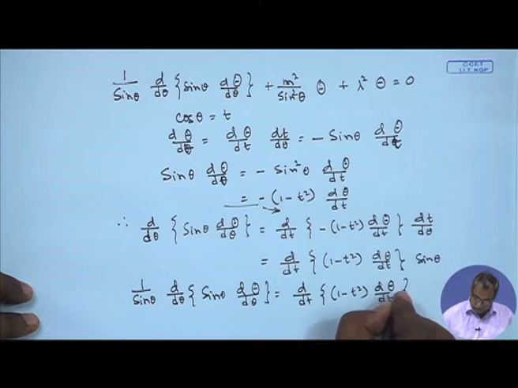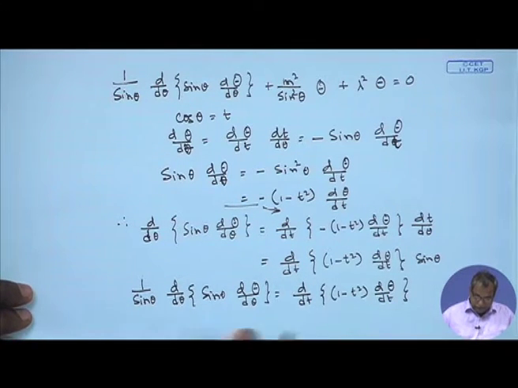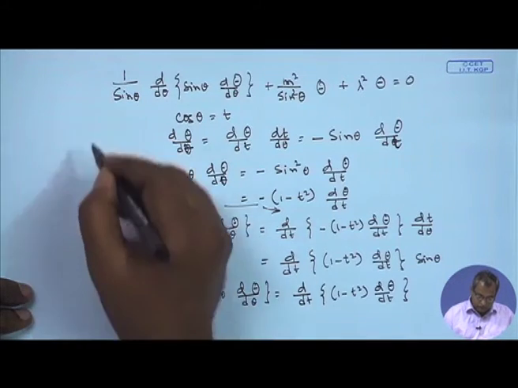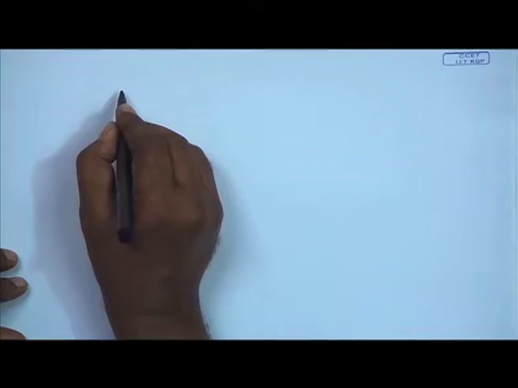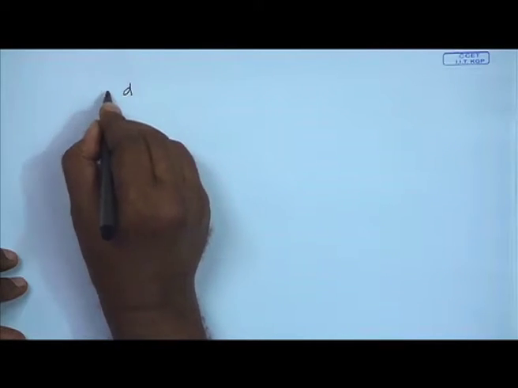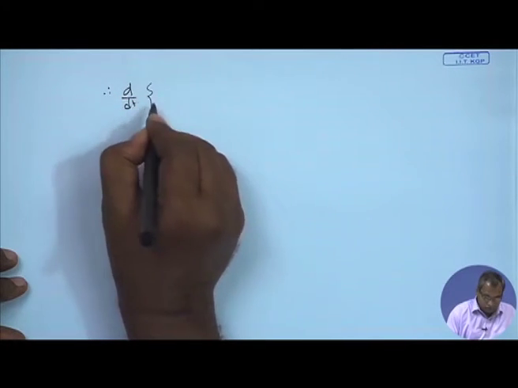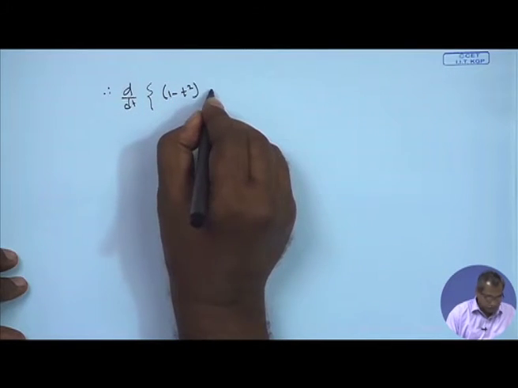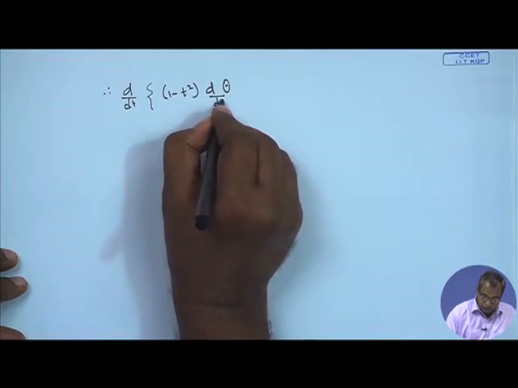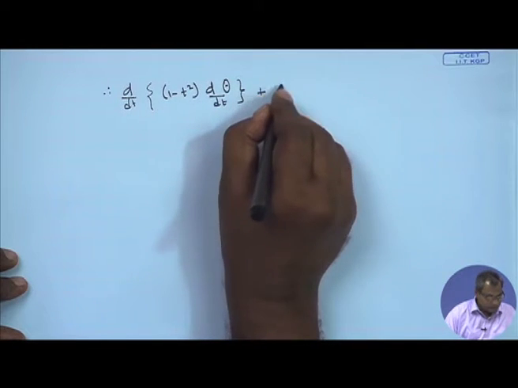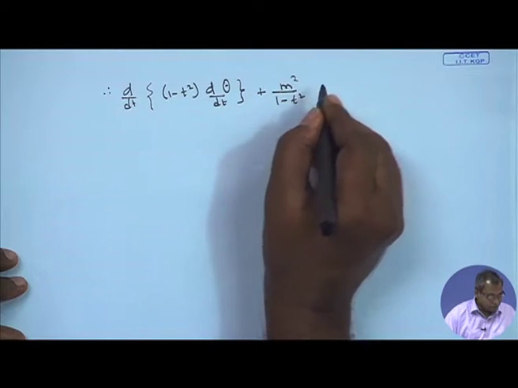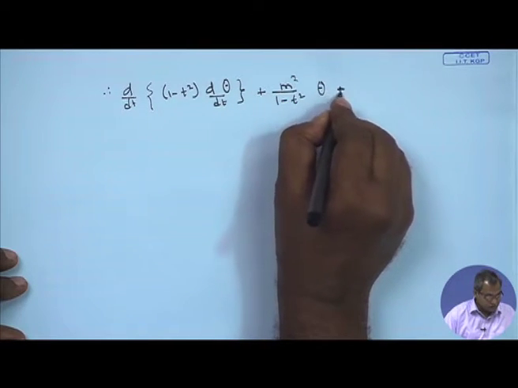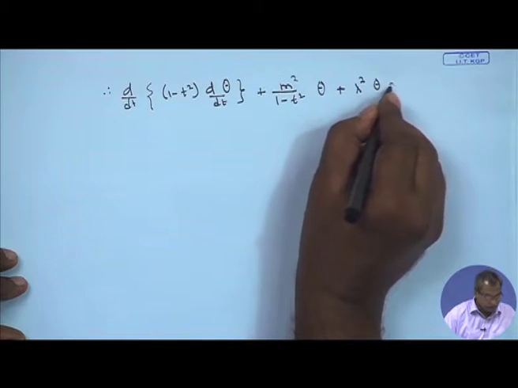Then I substitute this into the governing equation, and let us see what we get. We get d/dt of (1 minus t square) d Theta/dt, plus m square over (1 minus t square) Theta, plus lambda square Theta is equal to 0.